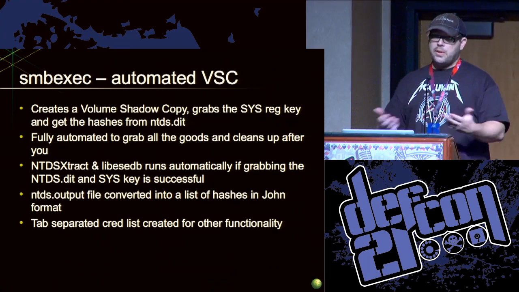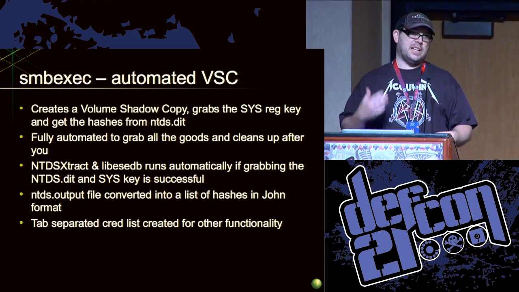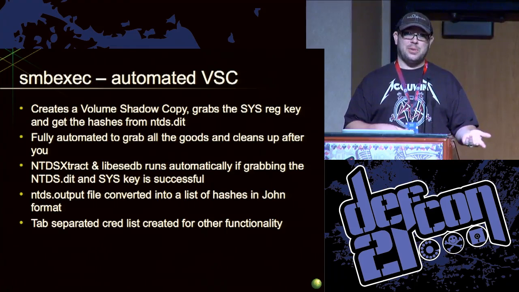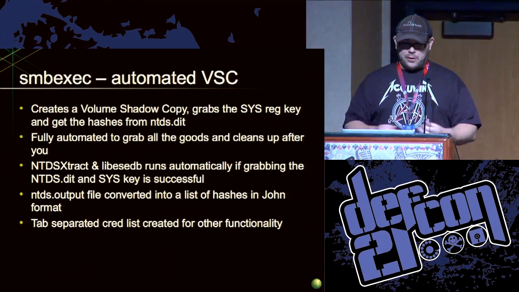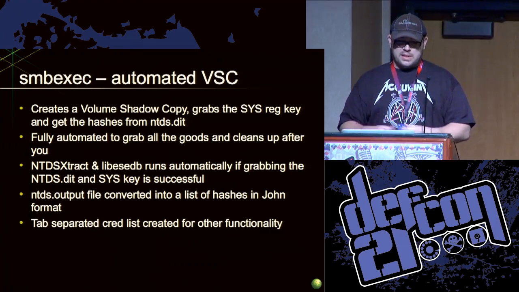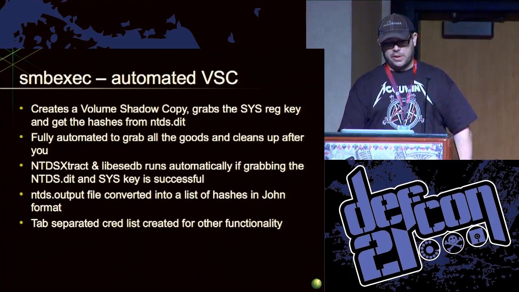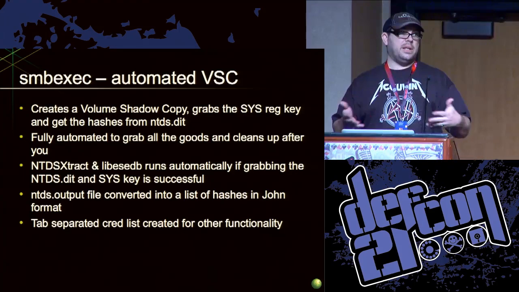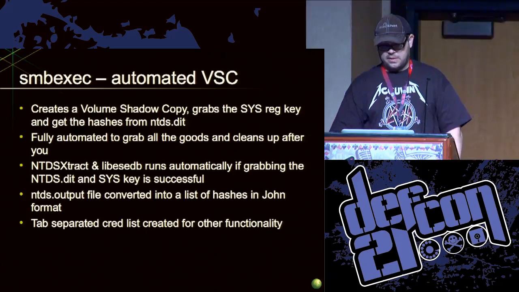I know there was a blog post in 2011 about this, but I don't know if most people know this. There was actually a blog post and forum post back in 2005 about doing this as well. So it's been around for a while. Once everything's good, it runs ntds extract and libesedb, and gets the hashes out for you. It also creates a tab separated cred list for you for other functionality within smbexec.